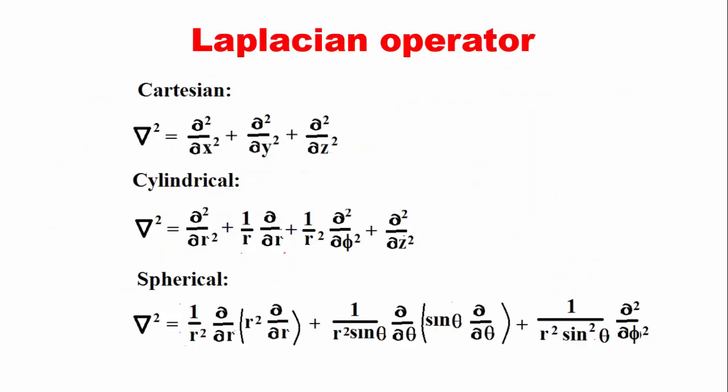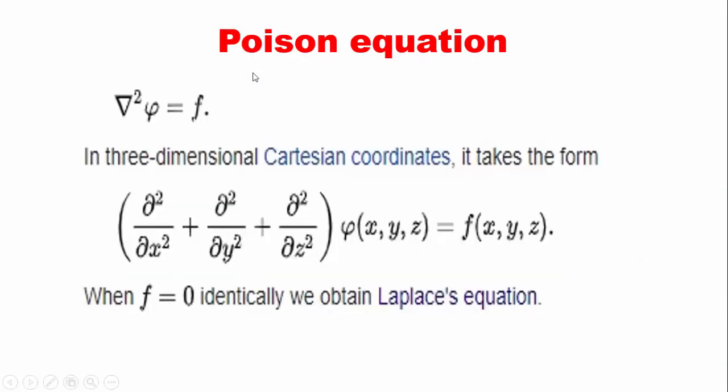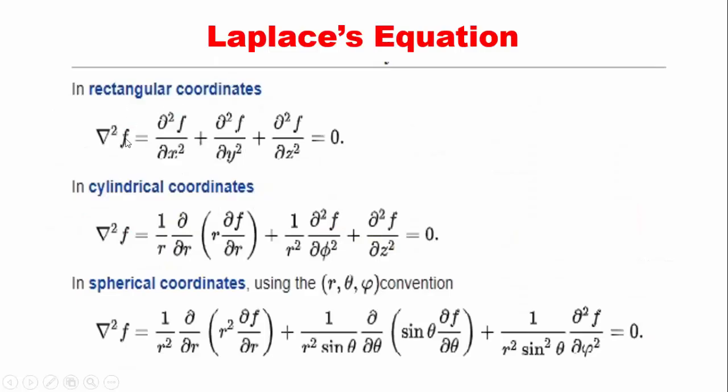Now this slide and this one are just the same. Remember the right hand side is equal to 0. So del square f is equal to 0 is called the Laplacian equation. Don't go into the difficult understanding. Just first remember what the Laplacian equation is.